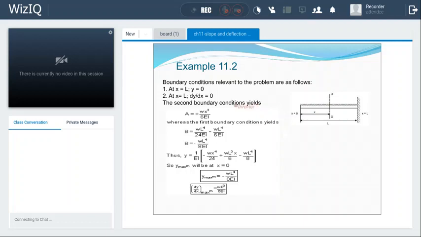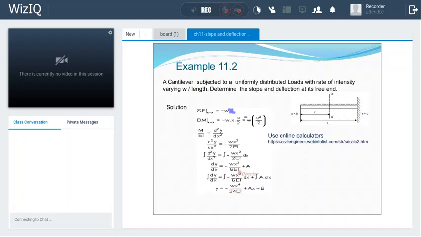So we can apply the same boundary conditions: at x is equal to L, y is equal to 0. At x is equal to L, dy by dx, that is the slope, is also 0 at the fixed end. So the second boundary condition, when we apply it, gives you this. This is the boundary condition for slope. If you come back, you will see here, this is your equation for slope.